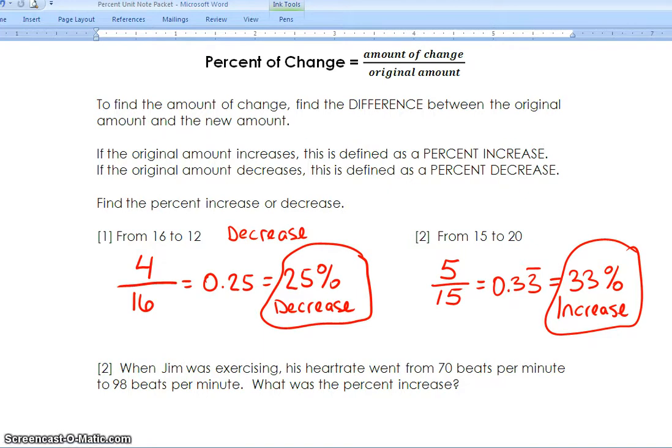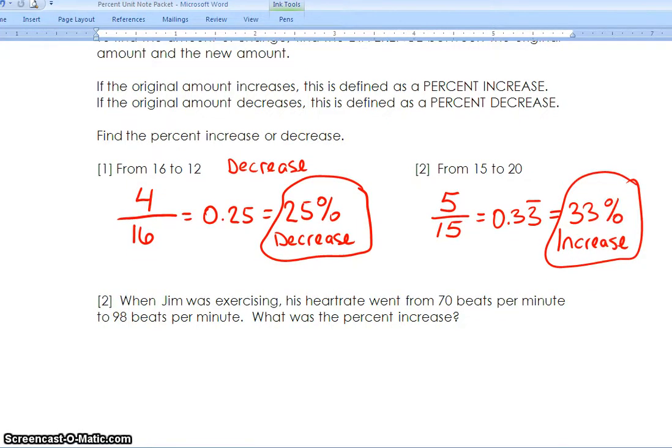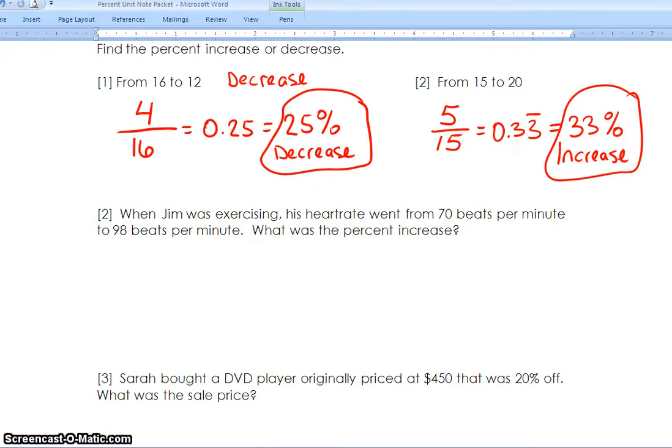Of course, we need to do a couple of word problems. So, number 2 here. Let's read this first. When Jim was exercising, his heart rate went from 70 beats per minute to 98 beats per minute. What was the percent increase? So we already know from the question it's an increase. We also know because it went from 70 to 98.